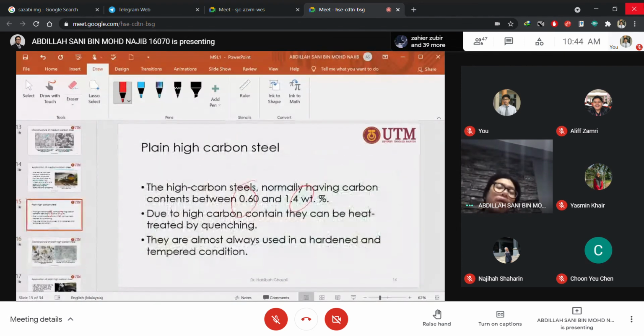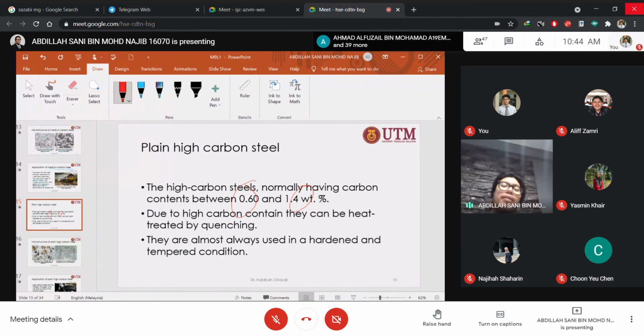Due to the high carbon content, they can be heat treated by quenching, so there is no problem for it to form the martensite. They are almost always used in a hardened and tempered condition.